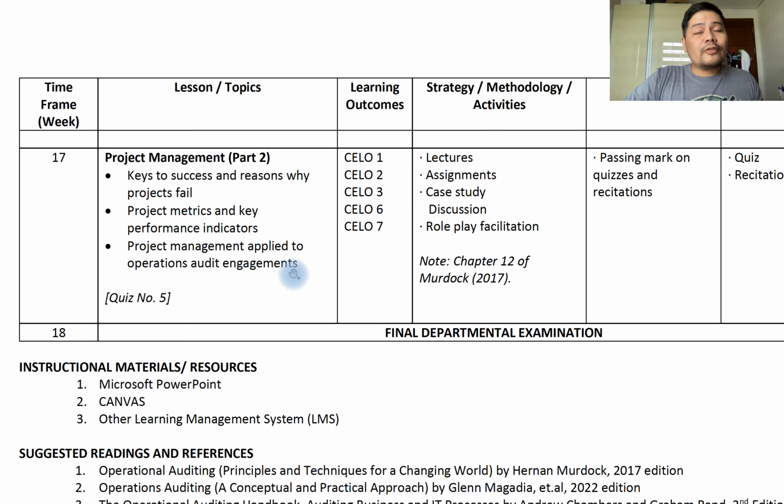So in terms of operations audit, we also do engagements pagdating sa project management, tulad nga ng nasabi ko kanina. And we have here the last quiz, which is your quiz number 5. Then after that week, we'll be having your final departmental examination for week 18. Okay?